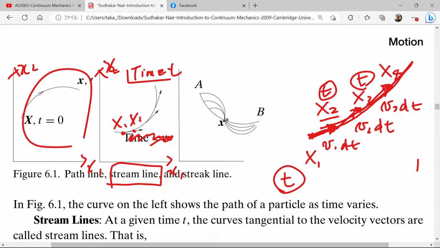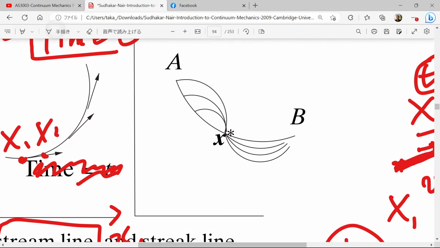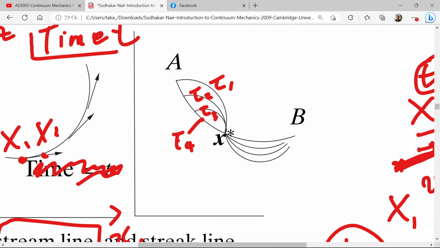Strange. I would say, okay, this one, each curve has a different tau, maybe. So this is tau 1, this is tau 2, tau 3, and this one tau 4. So you have different tau.